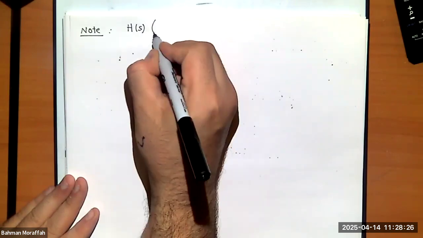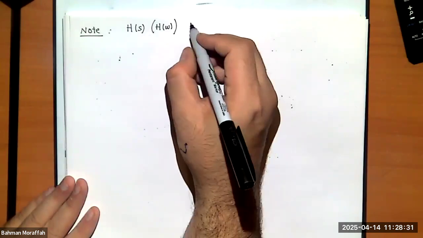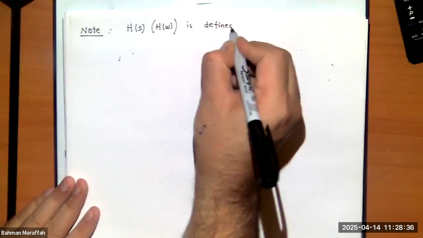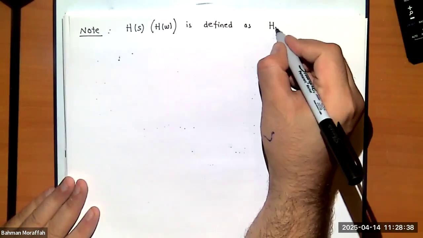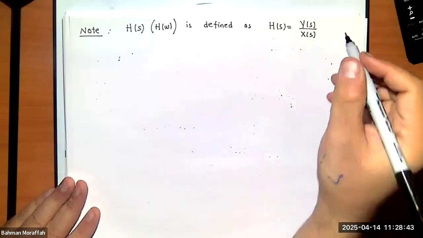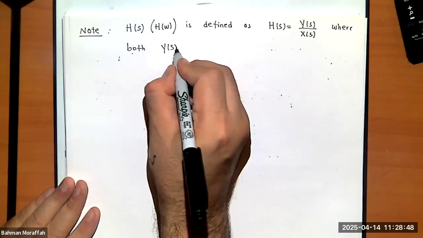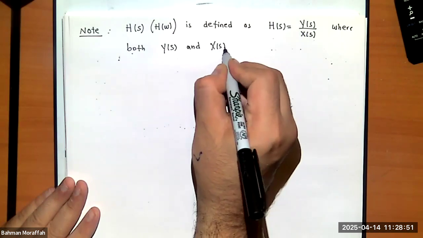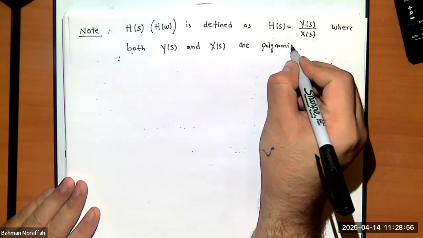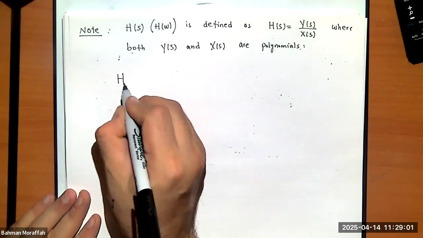So note, H of S, H of omega, doesn't matter, is defined as H of S equals Y of S divided by X of S, where both Y of S and X of S are polynomials. So let's write it down.